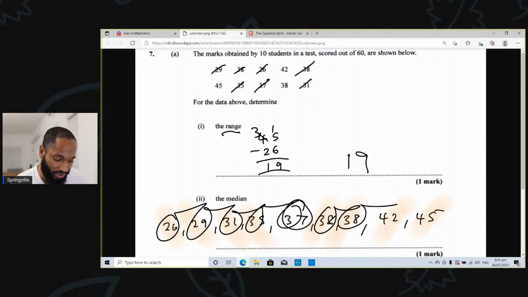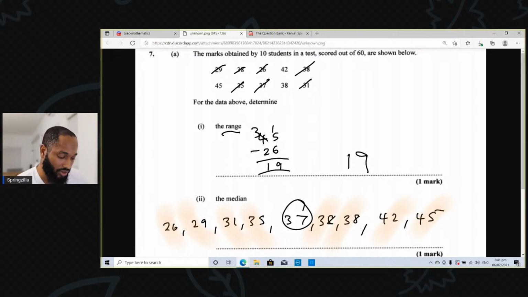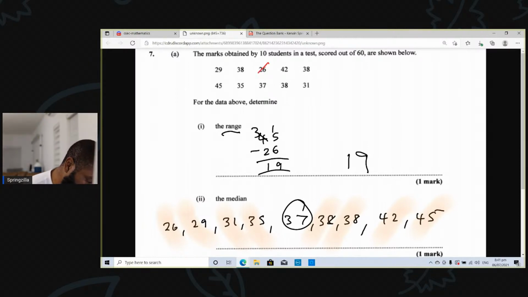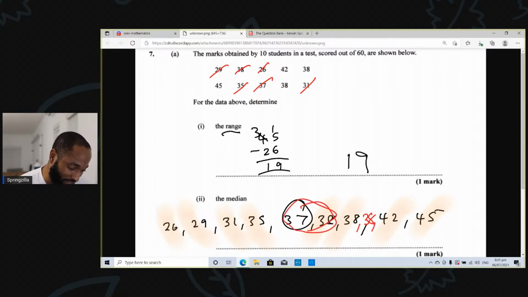Why did I miss out? 26, 29, 31, 35, 37, 38. That's 3 38s. I feel like I make this mistake every single year I do this question. So it's between 37 and 38, because they cross out like this.